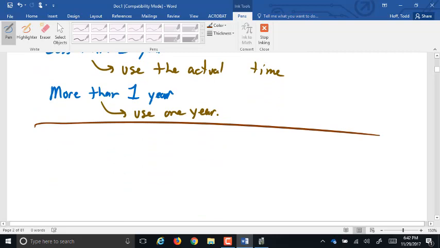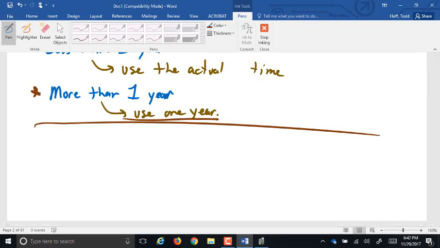Yes, if it's 4 years, you use 1 year. It's more than a year. If it's more than a year, you use 1 year. If it's less than a year, you use the actual time. I know. Give me some time. We'll get you back there, hopefully.